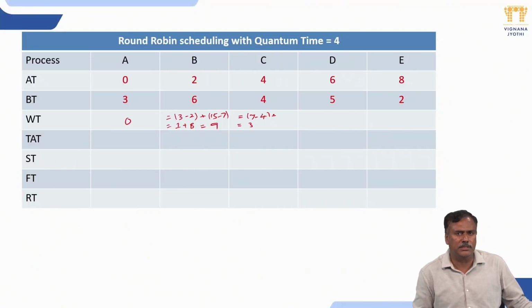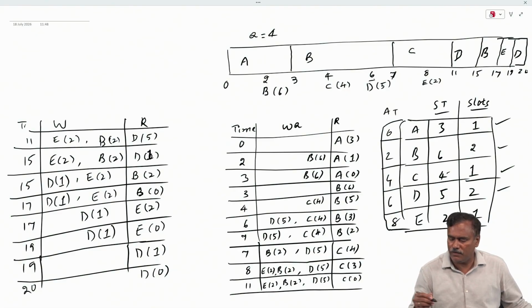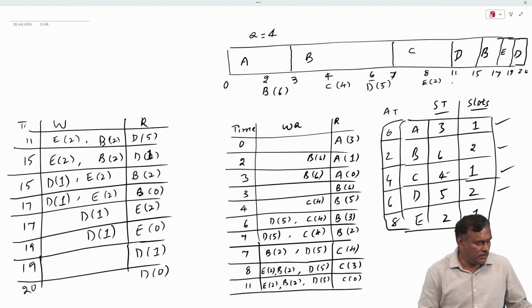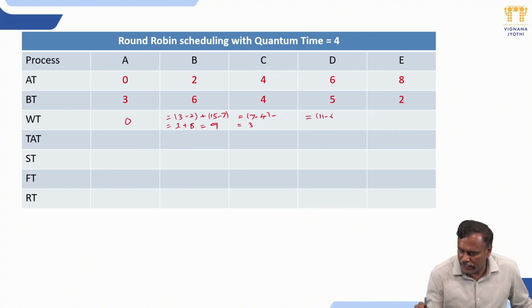And coming to this process D, it entered the queue at the 6th interval of time, you know. It is getting executed in 2 slots, that is from 11 to 15 and then 19 to 20. In the sense process D has waited from 6 to 11. So the difference of 11 and 6, that is 5.